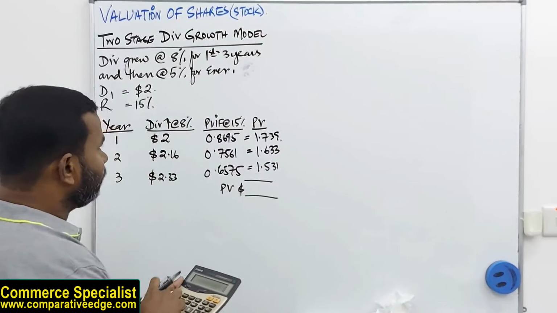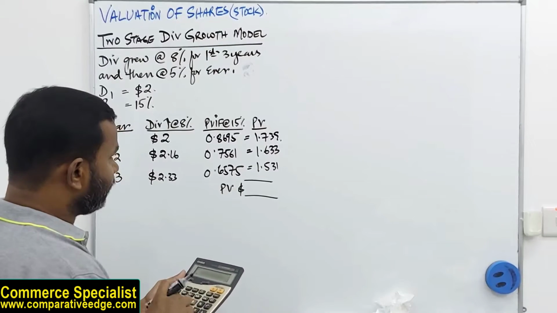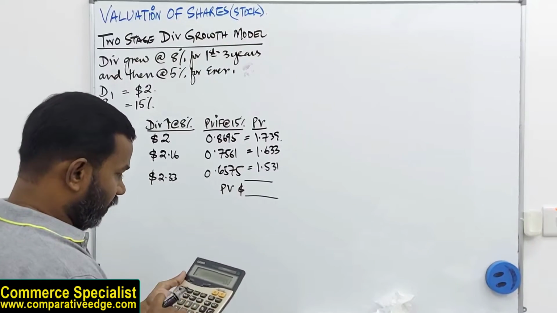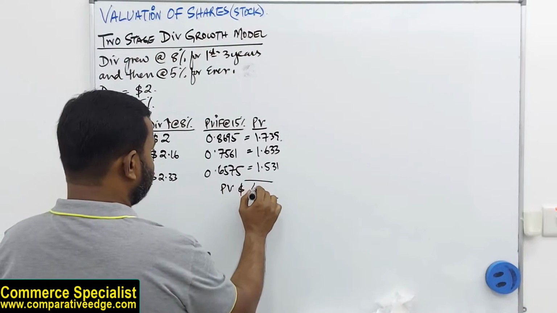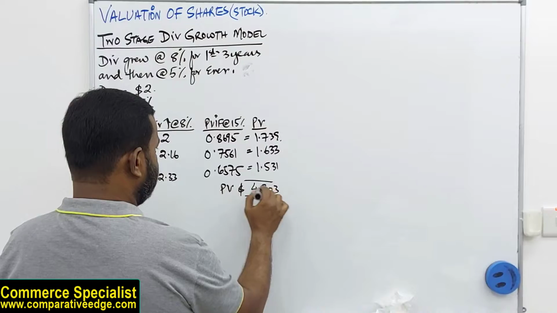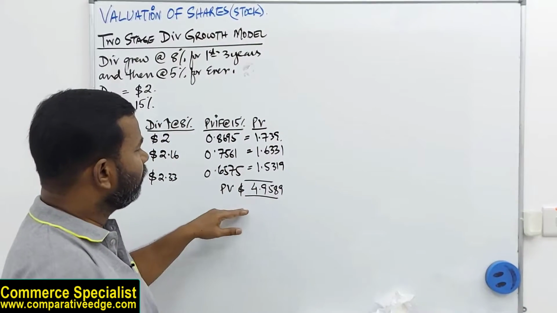So if I add all of them, 1.739 plus 1.633 plus 1.531, it gives me 4.903. I've just taken 4 places to make it more accurate.